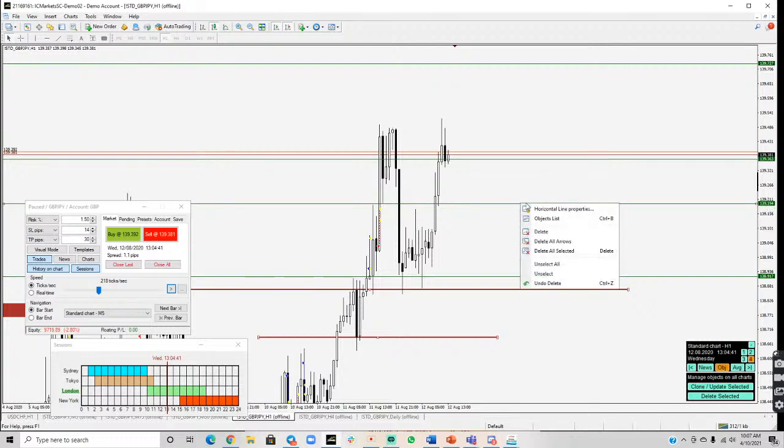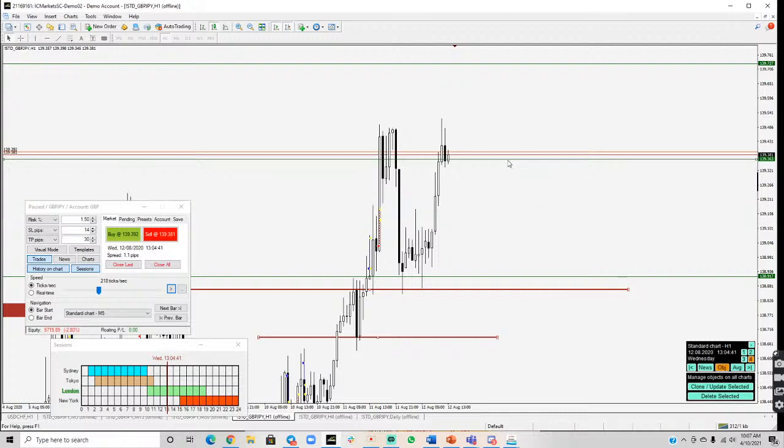Just gonna remove these lines. I know we just have to make adjustment to the zone.